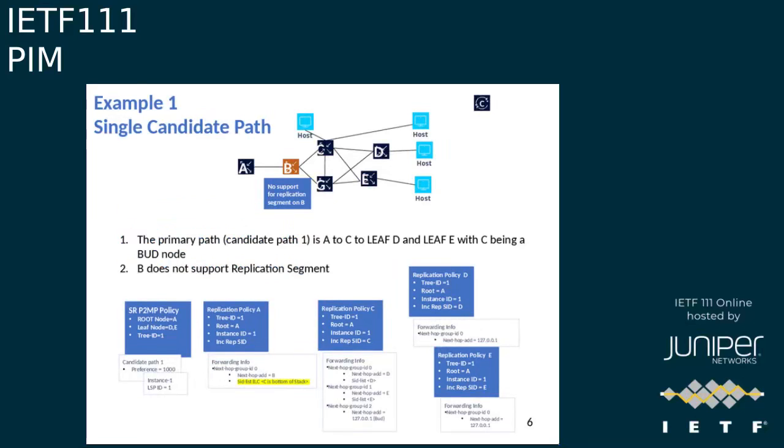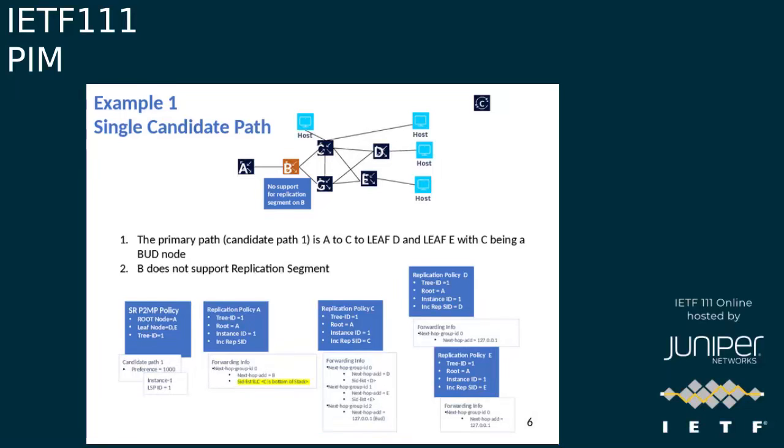So just a little bit of memory refresher here. This will remind you what we are trying to do. On the head end node, there is a point-to-multipoint policy that has a set of candidate paths. One candidate path is the active candidate path, and the remaining candidate paths are backup candidate paths, if you will.